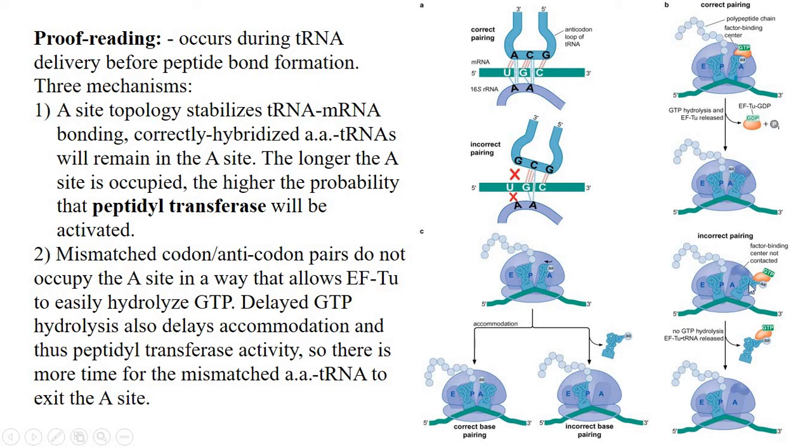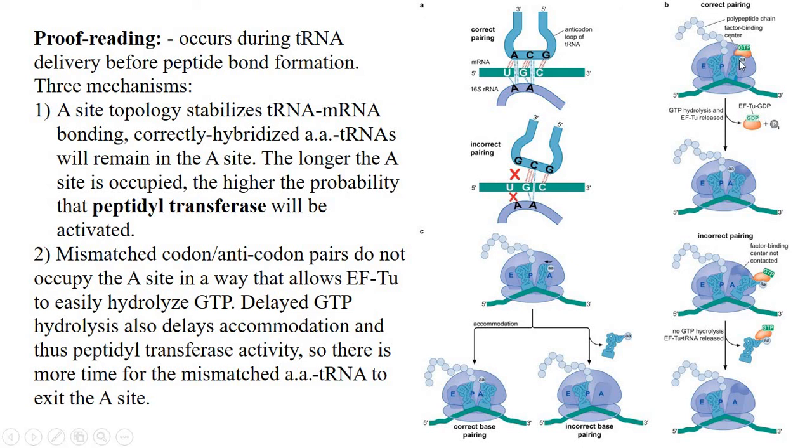But if there's an incorrect pairing, see here, this tRNA is not very well bound to mRNA. Because there is this gap here, it is not staying there very well. Because it's not staying there very well, it's not well accommodated, and it does not occupy the A site the same way as a well-bound mRNA-tRNA pair will.